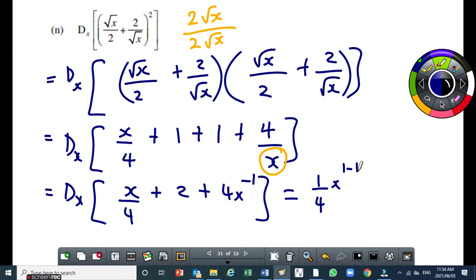Then the derivative of a constant is 0. Derivative of 2 is 0. Minus 1 times 4 will give us minus 4x to the power of -1 minus 1. So the final answer would be 1 over 4, well, this gives me 0, minus 4x to the power of -2.